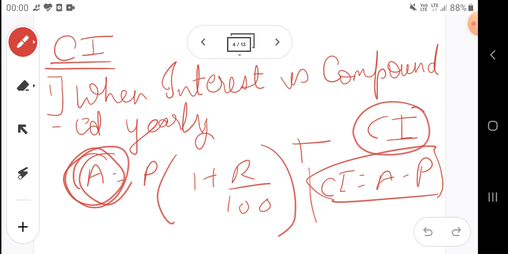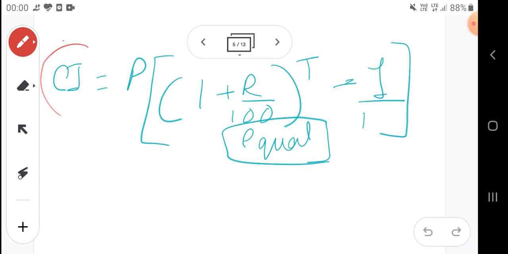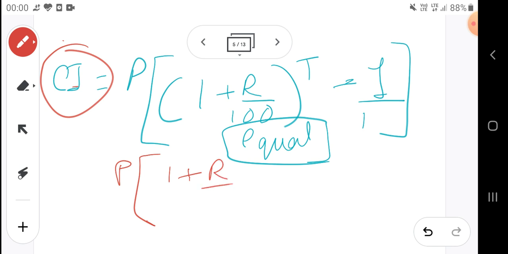And if you have to find CI, CI equals A minus P. If you want to find CI specifically, this will be complicated, but don't worry, you can solve it. To find amount, you can copy down that too, and only you have to do minus 1.